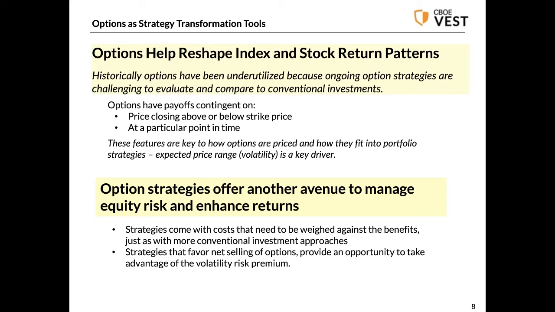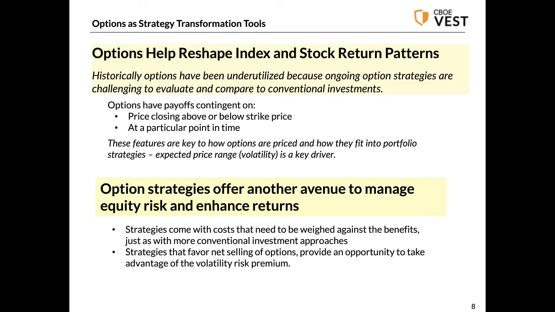So another way to think of options is that they offer another means of managing equity risk and enhancing returns. And just like any other investment opportunity, they come with costs that must be weighed against the benefits. But sometimes these costs and benefits are different. They're not opportunity costs as you might have with a more conventional strategy.